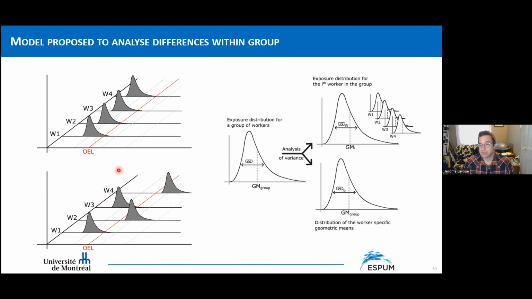So the aim of this strategy is to differentiate between these 2 situations.